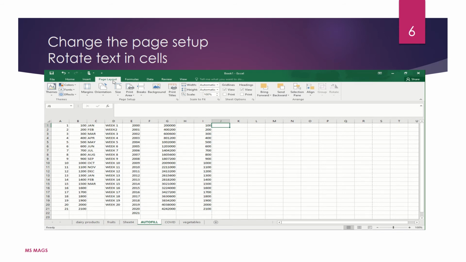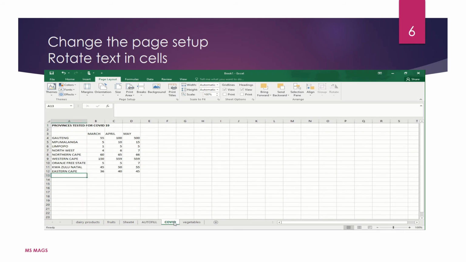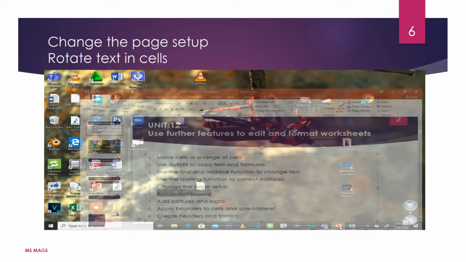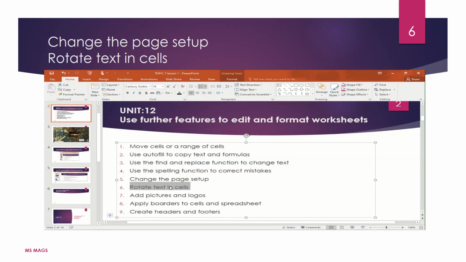Okay, so now I just want to take you back to my COVID-19 data, so that I show you how to do a text rotation. You remember how to rotate text in cells. Okay, let's quickly do that.